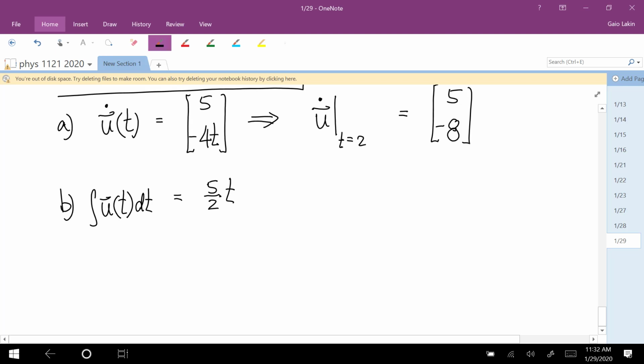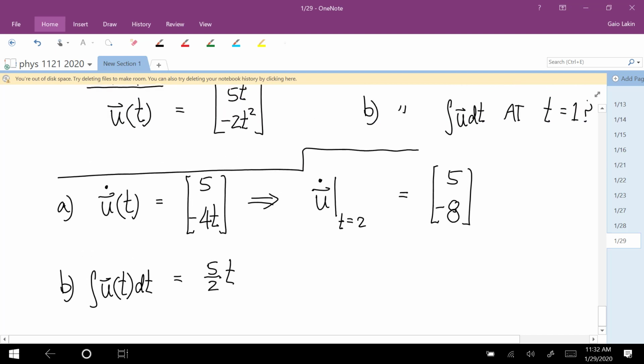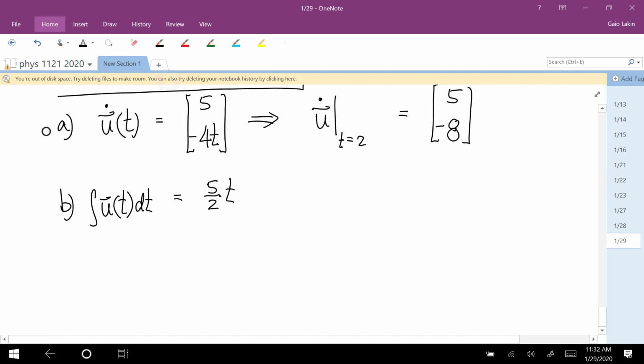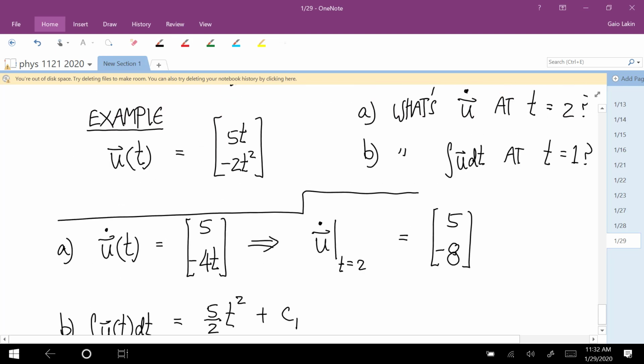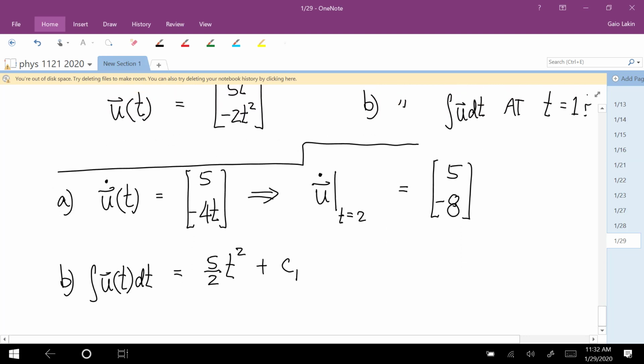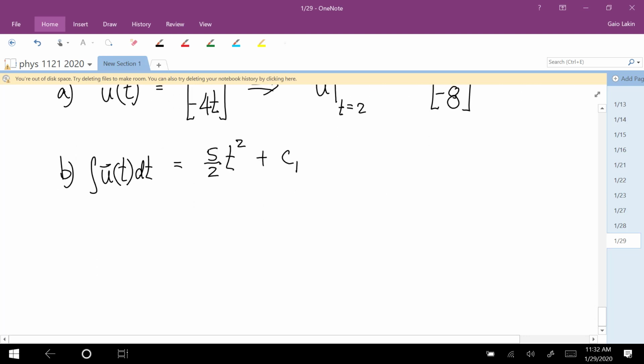So 5/2 t squared plus some constant of integration, because I'm integrating this one, not the derivative. And then negative 2t cubed over 3 plus some constant c2.